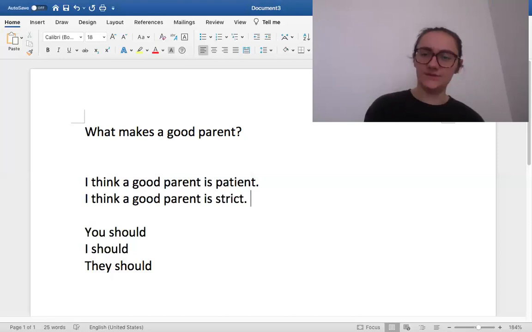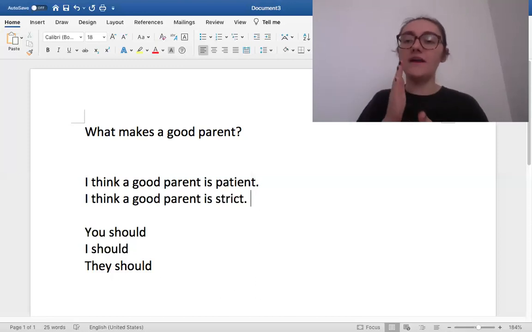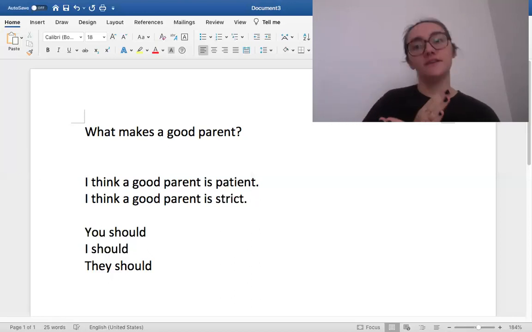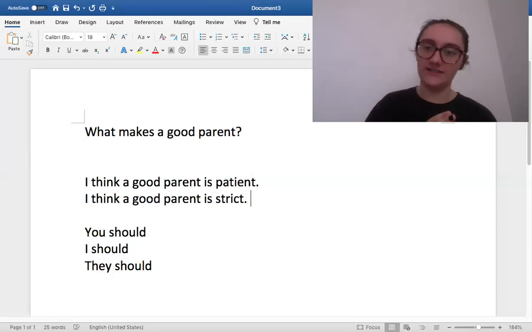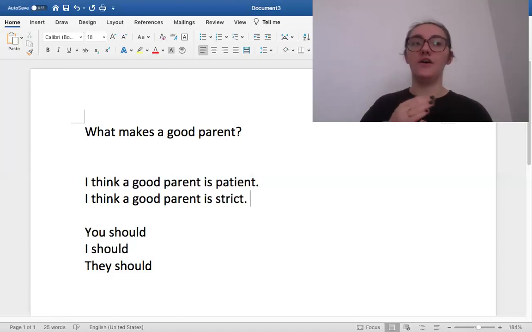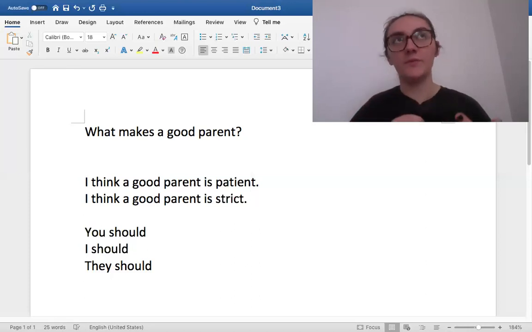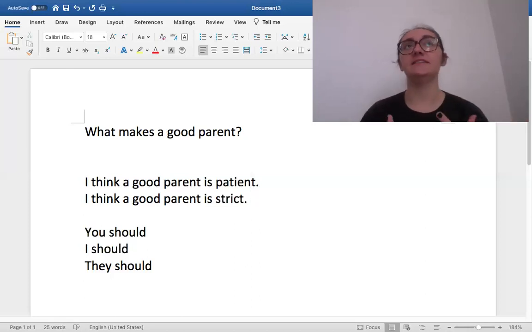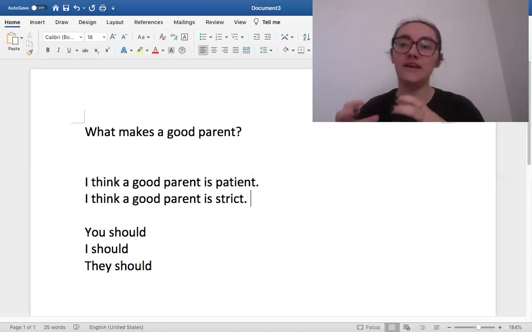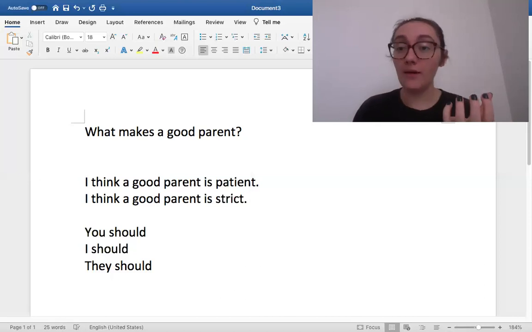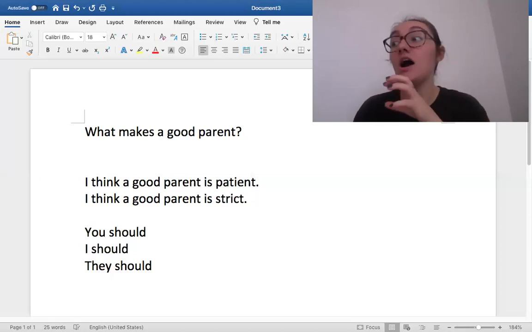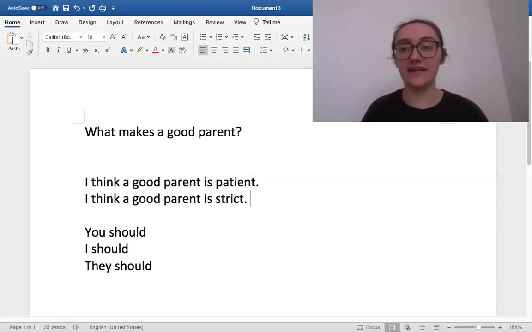And strict just means somebody who always has their kids follow the rules. And if they break a rule, there's a consequence. And consequence just means, I'm sure you guys have heard this word before, something that happens because another thing happens. So if you drop a glass cup on the ground, it breaks.